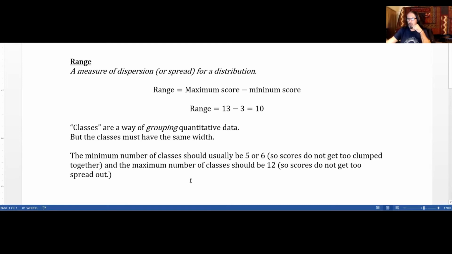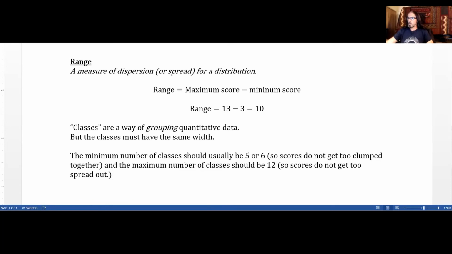The lowest should be 5 or 6 classes, and the most should be 12, usually. That doesn't mean it always gets followed. 5 or 6 so that the scores aren't too clumped together and you can't tell much difference between rectangles, or too spread out with the 12. If we go more than 12, we're probably going to have things too spread out.